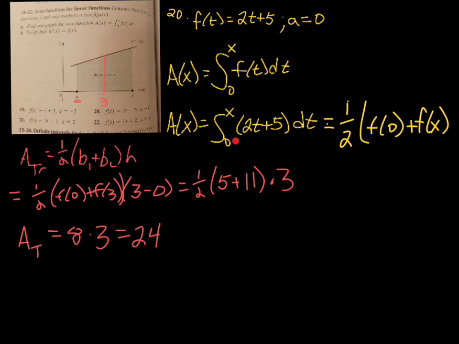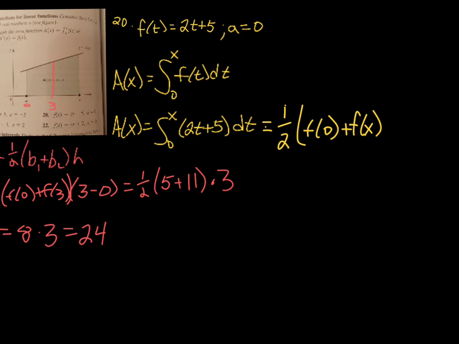That evaluated gives us the heights. And then we want to multiply it by the height in terms of the trapezoid, which is where we take our right endpoint and subtract our left endpoint from it.